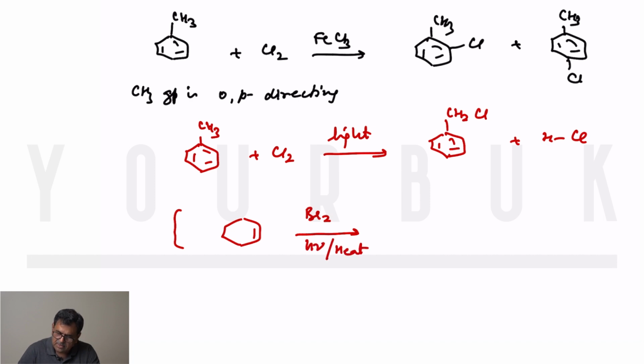Now this is my saturated carbon which is next to the double bond. They both are identical, so you can replace any H of the saturated carbon by bromine. So the answer is this one. One more example. Now suppose we are given this.